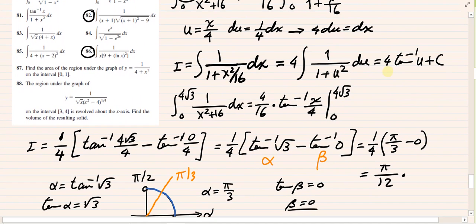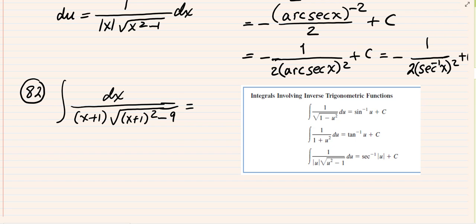Let's do number 82, another seemingly complicated expression, but again, I'm sure this is going to work out nicely for us. So let me copy number 82 down and then we work. Okay, let's take a look at exercise number 82.